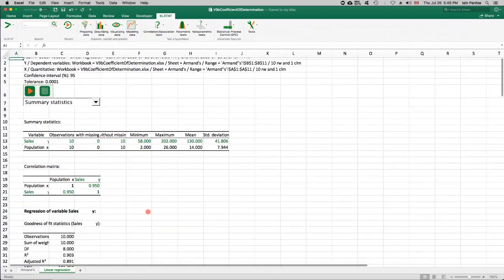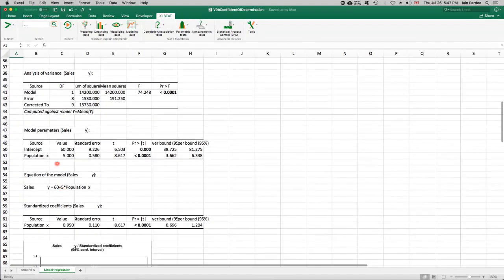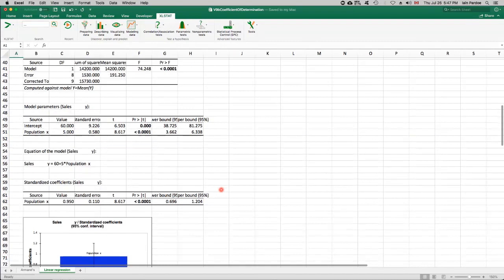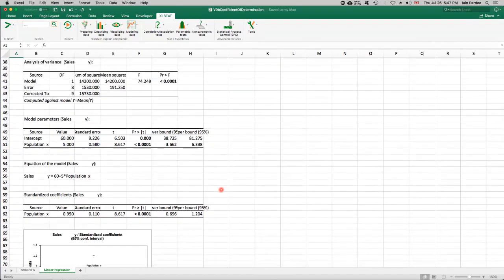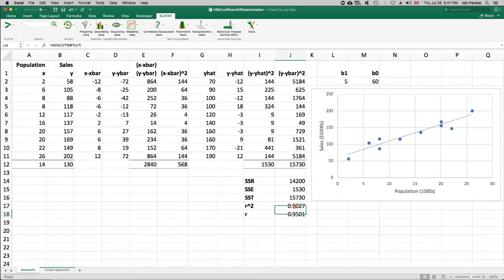Okay, so I'll scroll down. There's the equation that we saw before. And actually it's higher up. So it's here in this table that says goodness of fit statistics. There it says r squared, and there's the 0.903. If we look up here, 0.9027 to 4 decimal places, and that's what we calculated here, 0.9027.